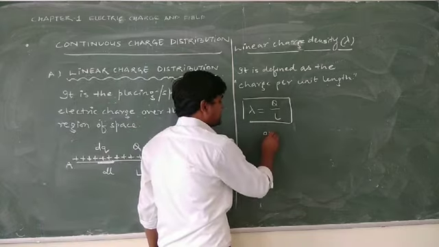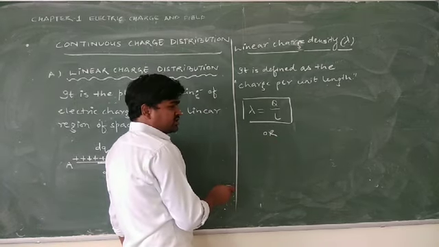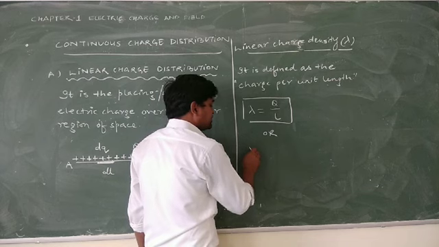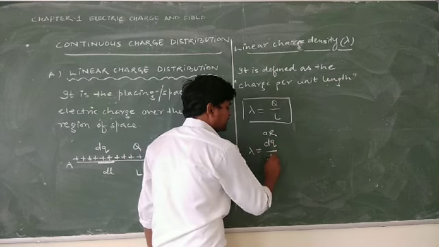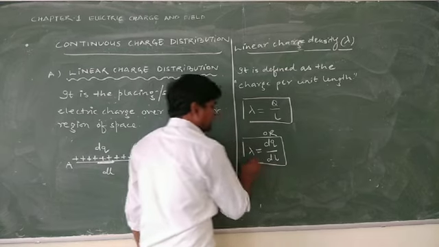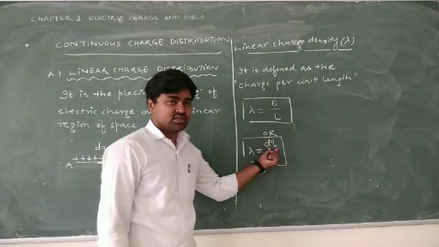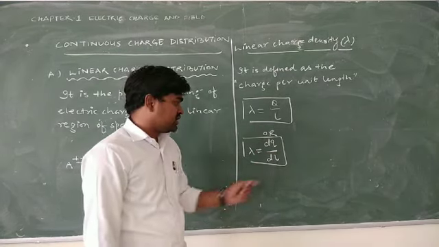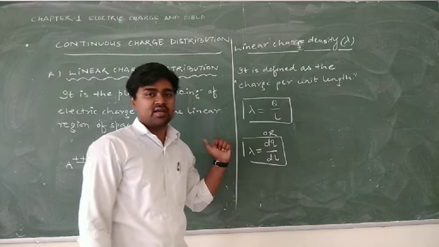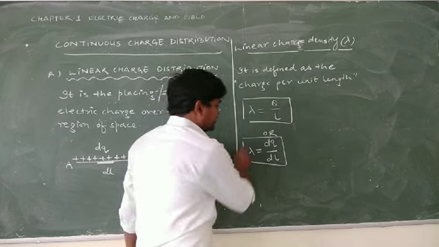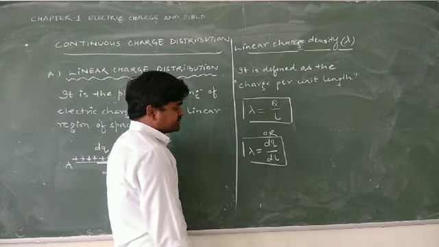So the linear charge density can also be understood as the ratio of small charge over small length, that is dq by dl. Here dq means a very small charge over dl, a very small length of this AB length segment. So this is also the linear charge density.